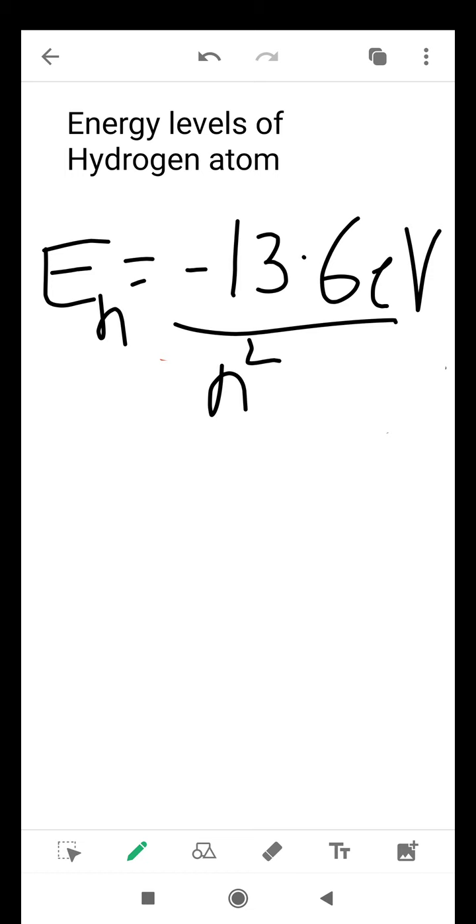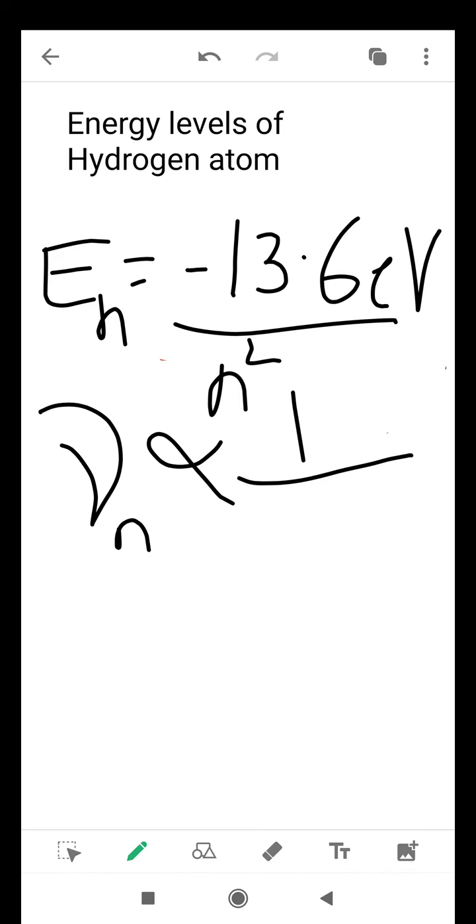Also we derived the expression for frequency. The frequency is given by the expression. So I'll give the general one. We got one note point there, that is, the frequency is inversely proportional to the cube of the principal quantum number.